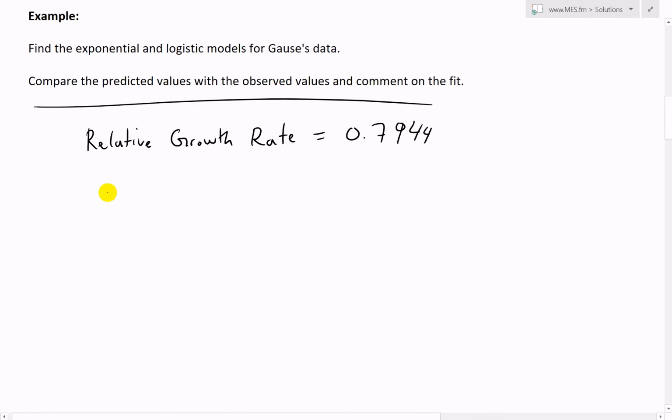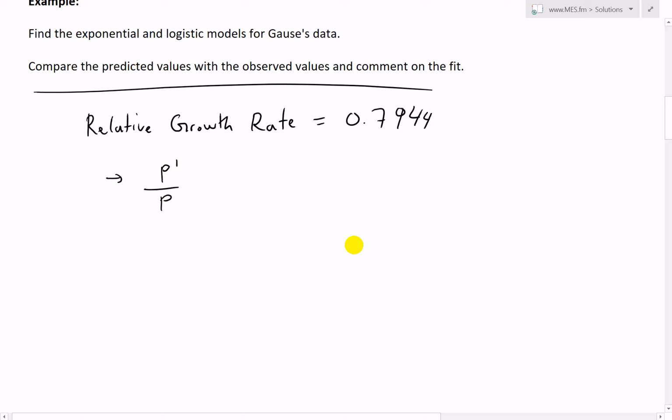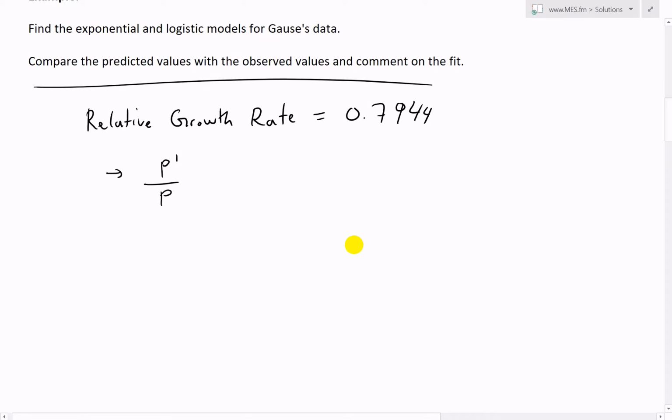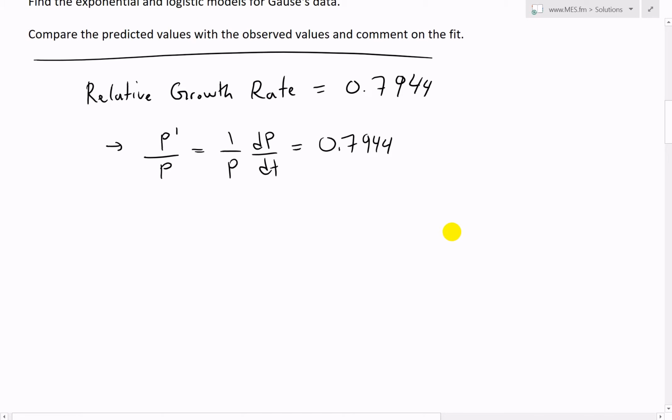And what this means, like I explained in my last video, is the growth rate, the derivative of the population, over P, or in other words, relative to the total population. You could also write this as 1 over P dP over dt, that's just P prime over P, and we're given that it equals 0.7944, so that's what Gauss used.